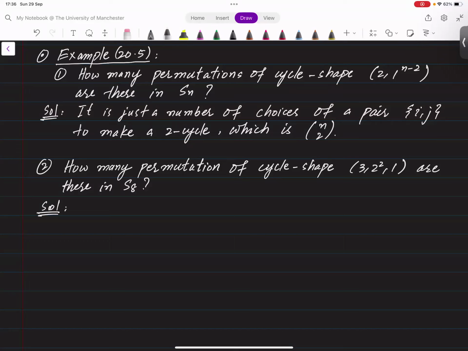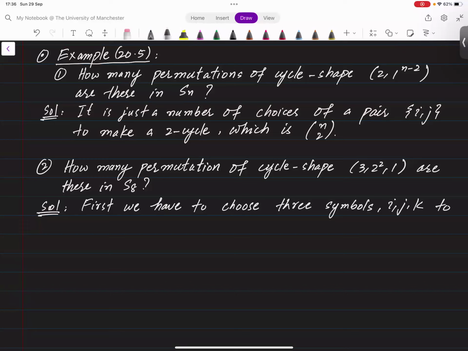Now, what we need to do, first we have to choose 3 symbols i, j, k to put in a 3 cycle.